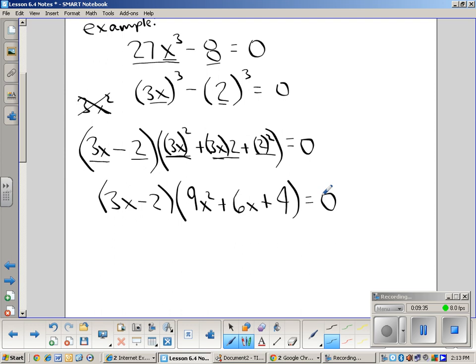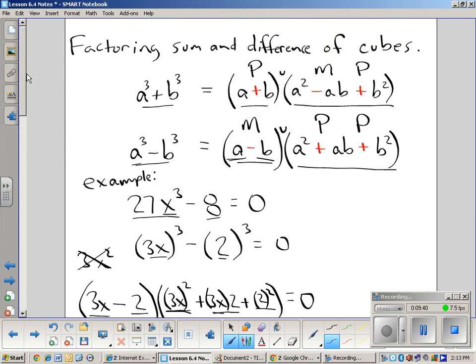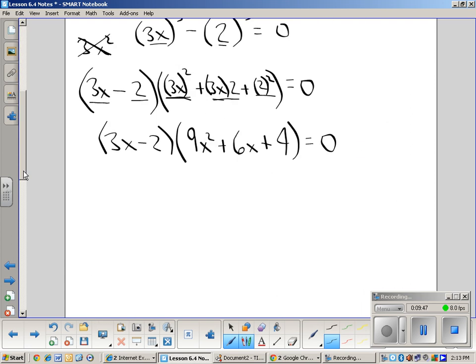Now, in this rule up here, all we're doing is factoring. We're showing you how to factor the sum of 2 cubes or the difference of 2 cubes. Down here, I'm asking you to solve. So we factored it, but we're not done yet. The reason we factored it is so that we can solve. Remember the rule? If A times B equals 0, then what's true? Either A equals 0 or B equals 0.